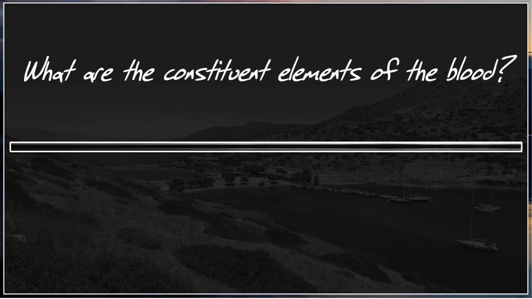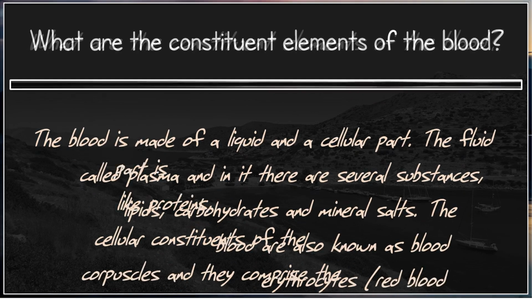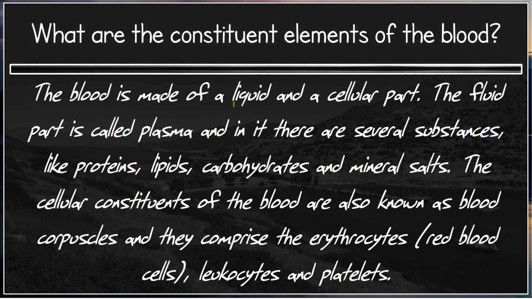What are the constituent elements of the blood? The blood is made up of a liquid and a cellular part.